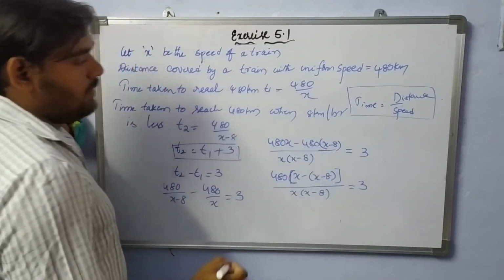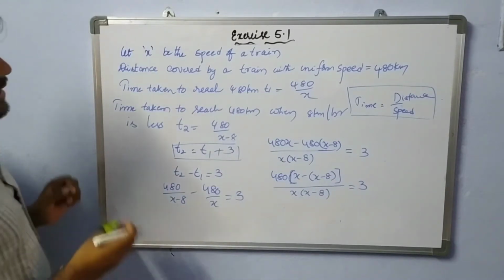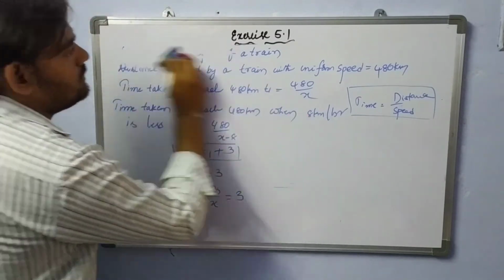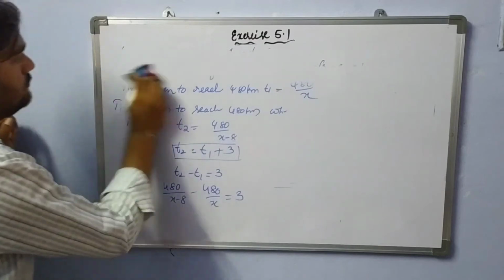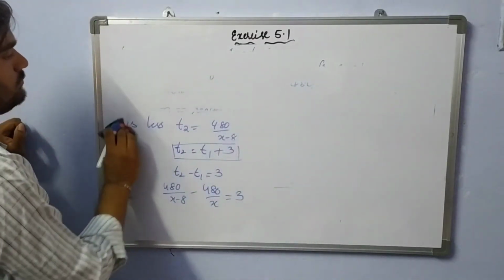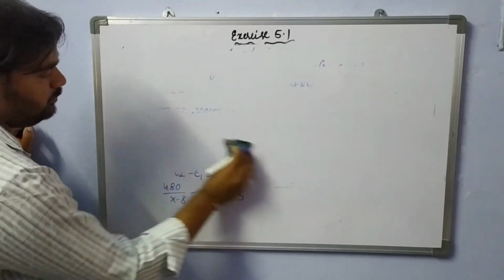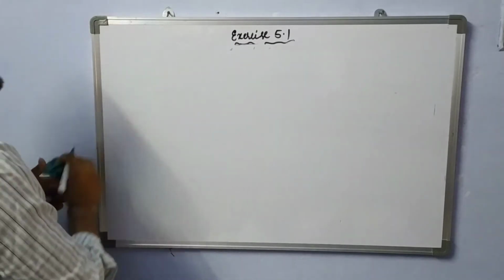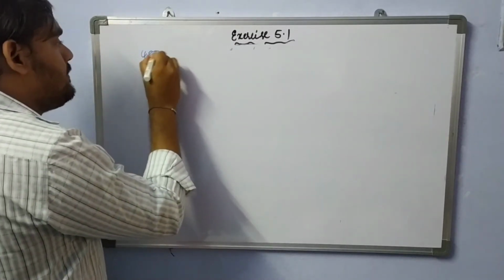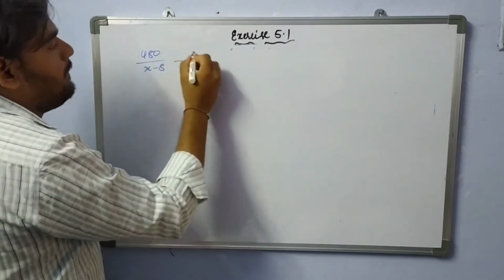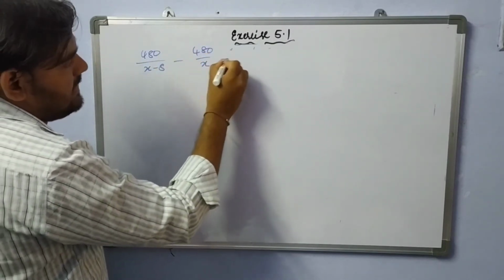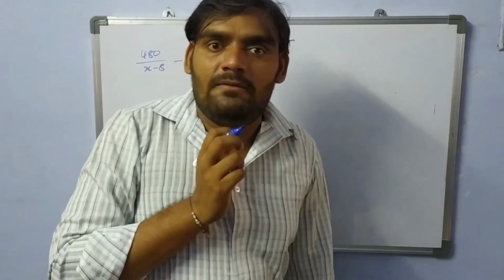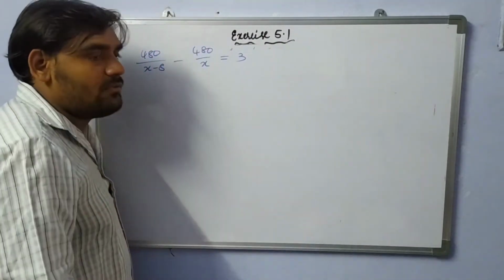I will rub this out because the board is not sufficient. So the final step we got is 480 by x minus 8 minus 480 by x is equal to 3. T2 minus T1 is equal to 3. Actually T2 is equal to T1 plus 3, 3 more hours it will take.